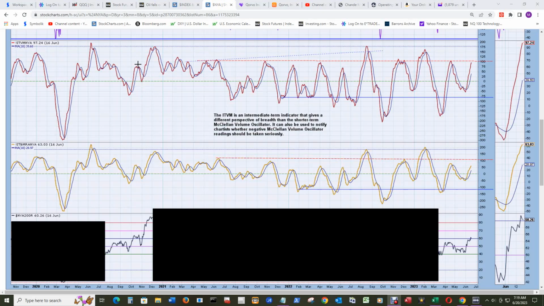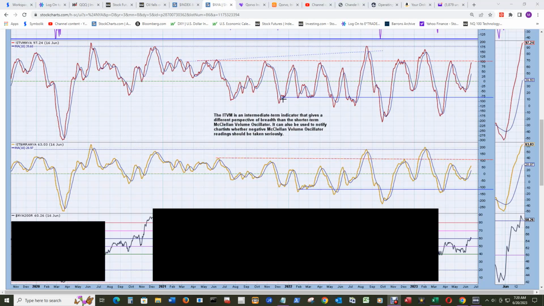So first, with the intermediate term volume oscillator and breadth oscillator, what we're looking for is to come up above zero for both of them and then nail the zero line or get pretty close to it, and then head back above it and stay above it, like it did back here in the 2021 era for both the intermediate term volume and the intermediate term breadth oscillator.